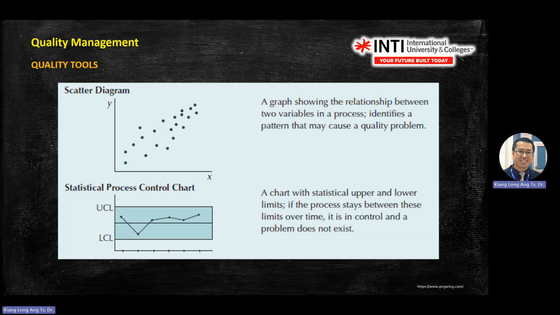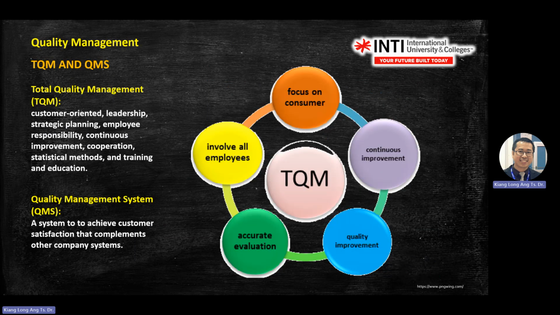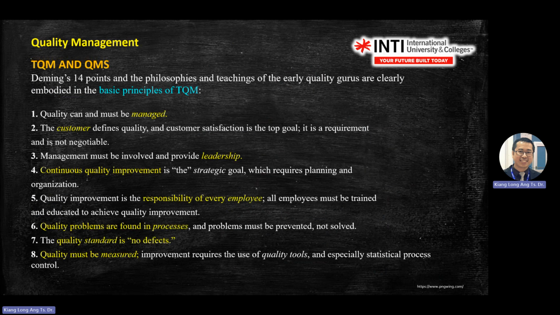Then I will go very fast since you already know this one. So upper limit, lower limit, how it's in control. All right. Okay, so TQM, this one you learned in your quality control already. The principle of TQM, I think this one also already covered, right?